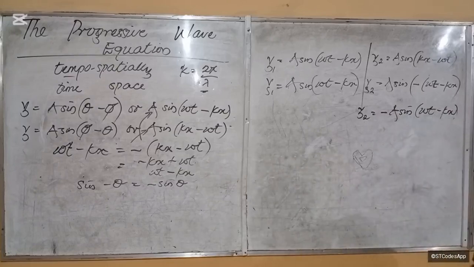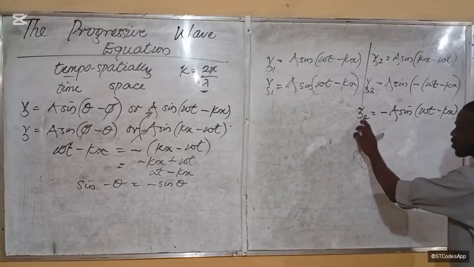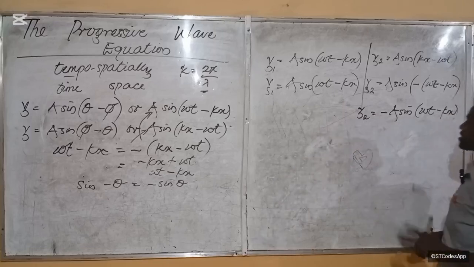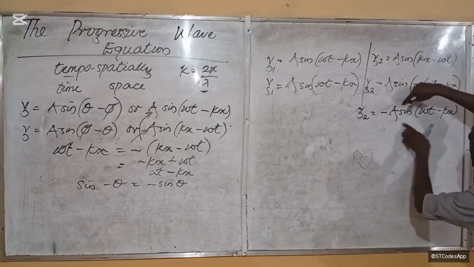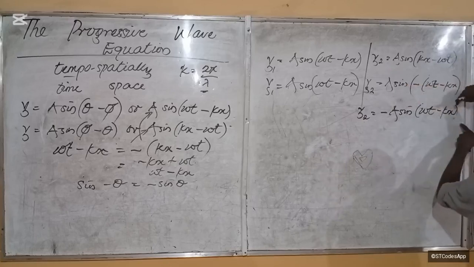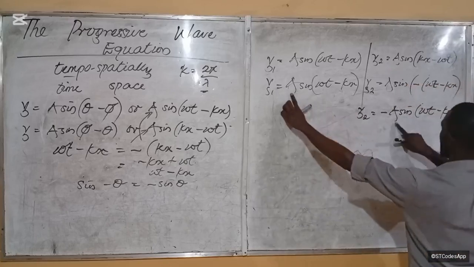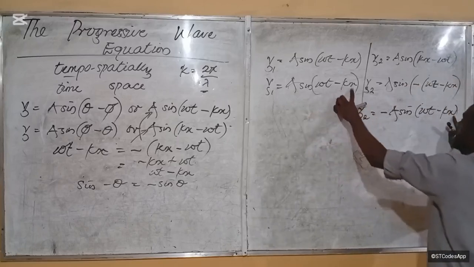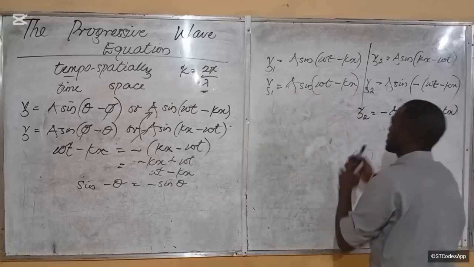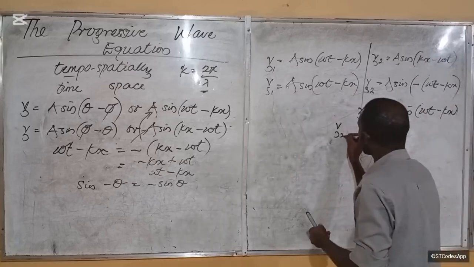Does this make sense? So I have made this one negative. Remember that this entire place here is y1, right? A sine omega t minus kx in it. Then this minus here means that y2 is the same as what?